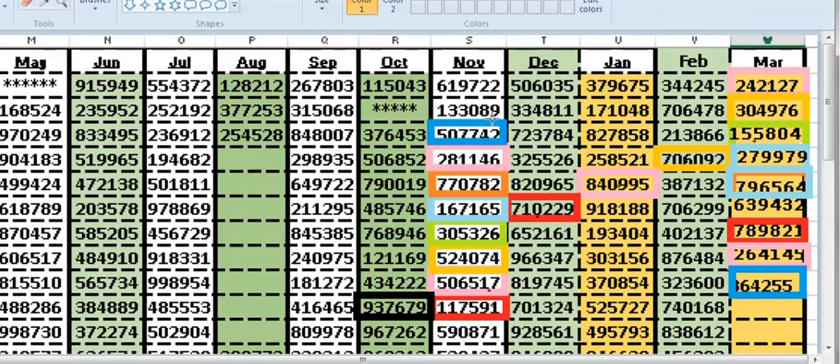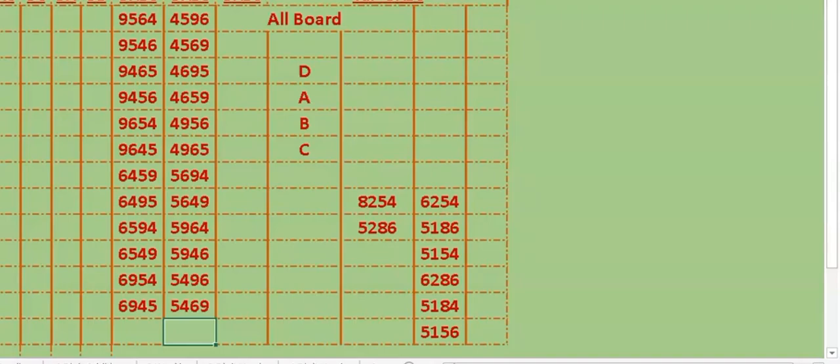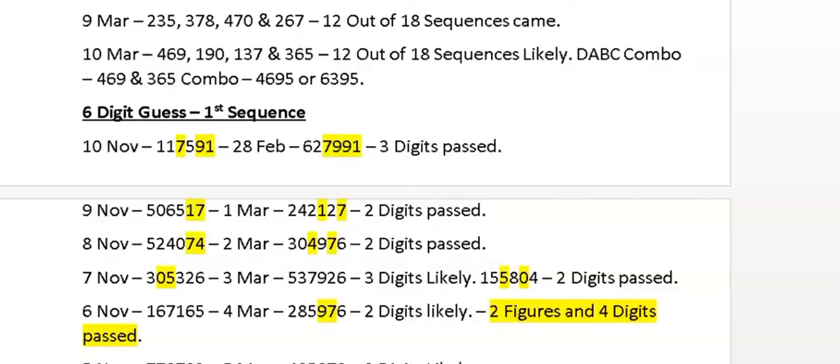So guys, let us pick up the next sequence here. So if you see, I have marked blue for the 3rd of November, and today, which is the 9th of March, we'll pick up another sequence from the 2nd of November to the 10th of March.